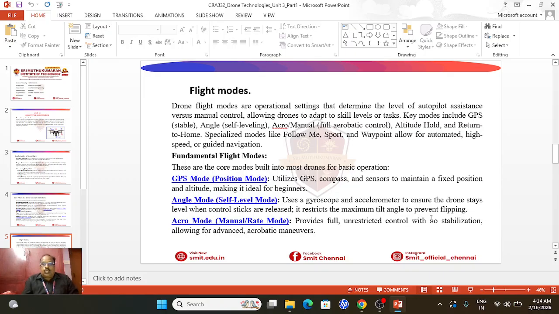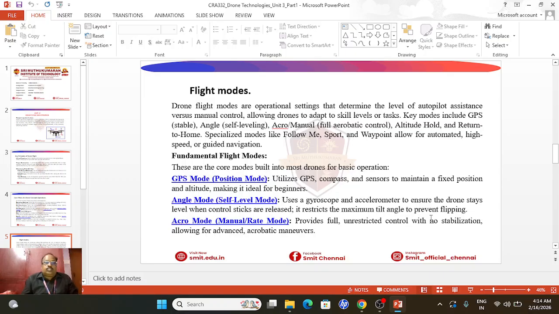Altitude hold and return to home, and specialized modes like follow me, sport, and waypoint, allow for automated high-speed or guided navigation. These are the flight modes adopted in drones, and the core modes built into most drones for basic operation.